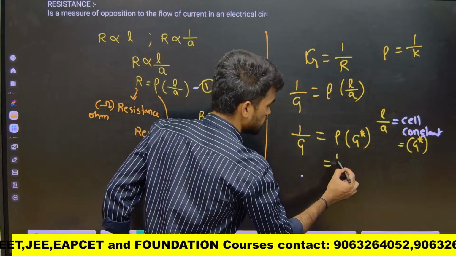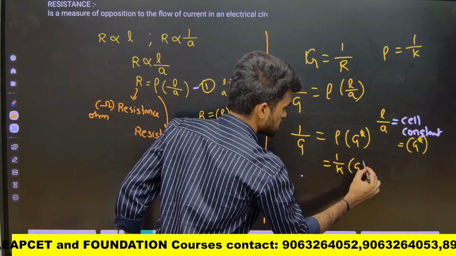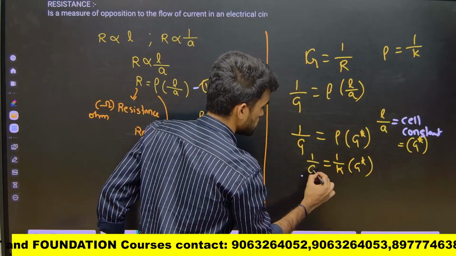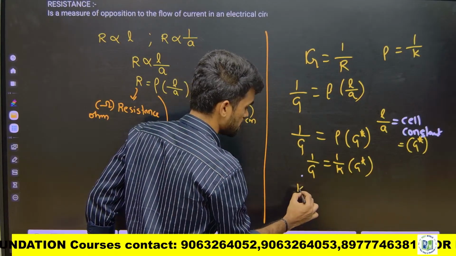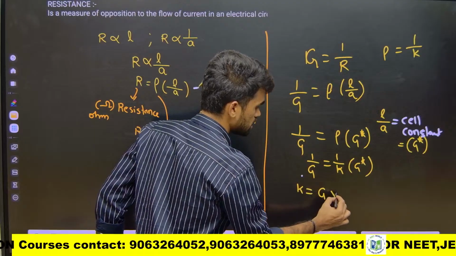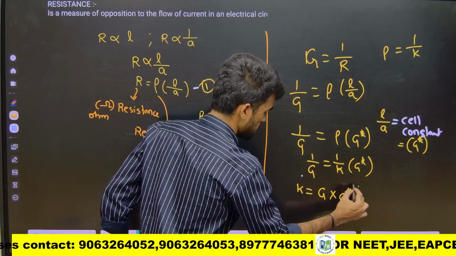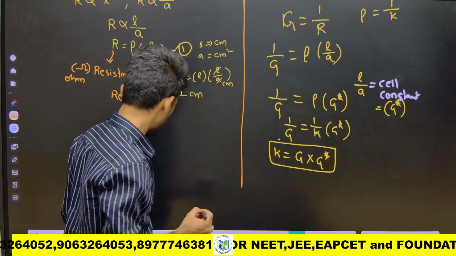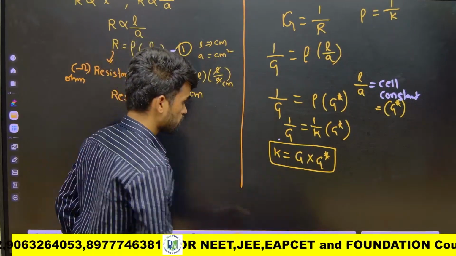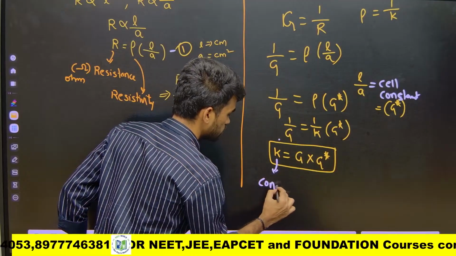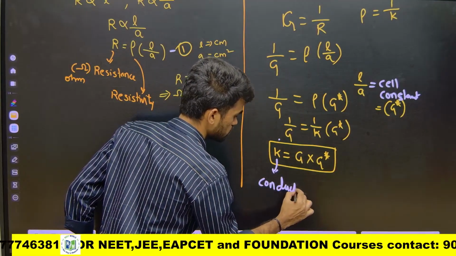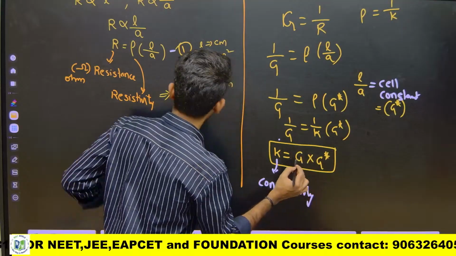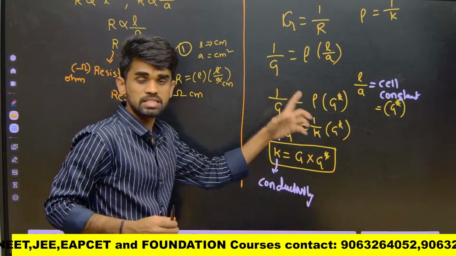So I am writing 1 by K into G star, which equals 1 by G. From this we get one important equation: K equals G into G star. Once again, K means conductivity, G means conductance, and G star means cell constant.